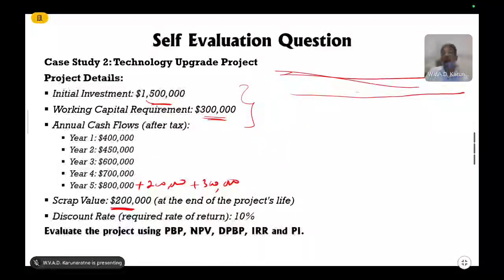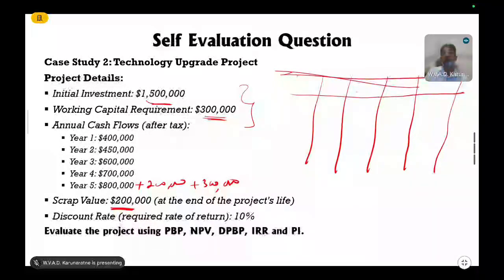Here we have a number of years. How many years? 5 years, and year 0 as well. So year 0, year 1, year 2, year 3, year 4, year 5.